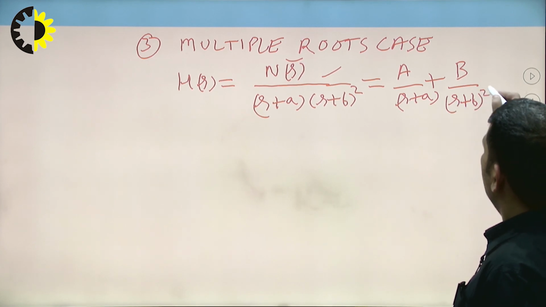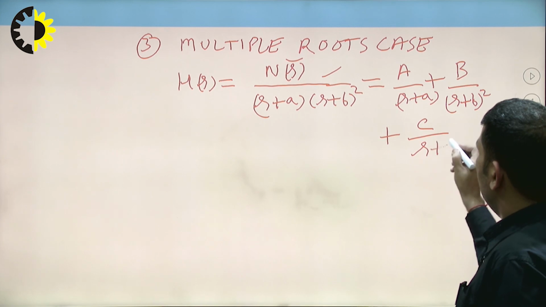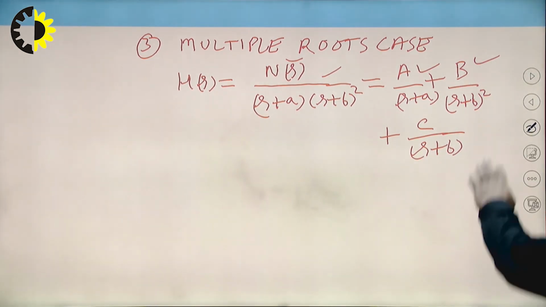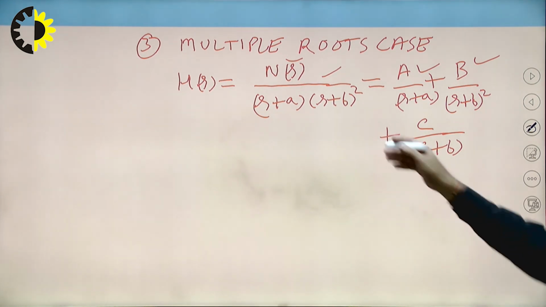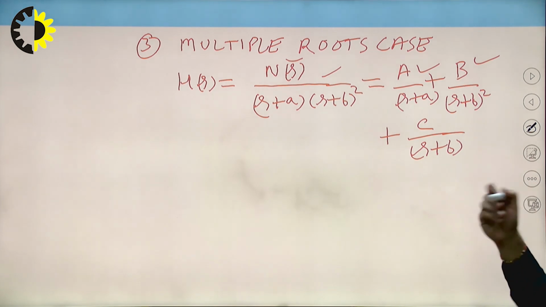plus C over (s plus b). So you can easily find out A and B, just like the simple case already discussed in the previous slide. But how to find out this one? So here we have to do differentiation.